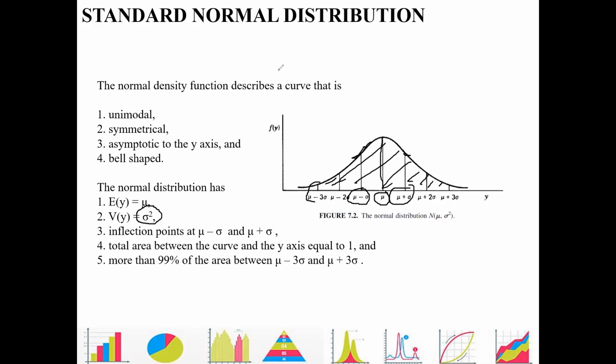And more than 99% of the area between the mean, itong part na to, tsaka yung point dito sa kabila are composed of 99% of the area or 99.99 ng area. So that's how we describe the normal curve.